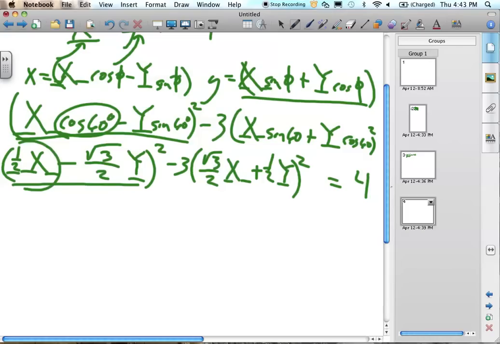The first thing I do is square this term. This will give me x squared over 4 minus. Now I'm going to have 2 times the product of this. So I'm going to have 2 square root of 3 over 4 times x and y.